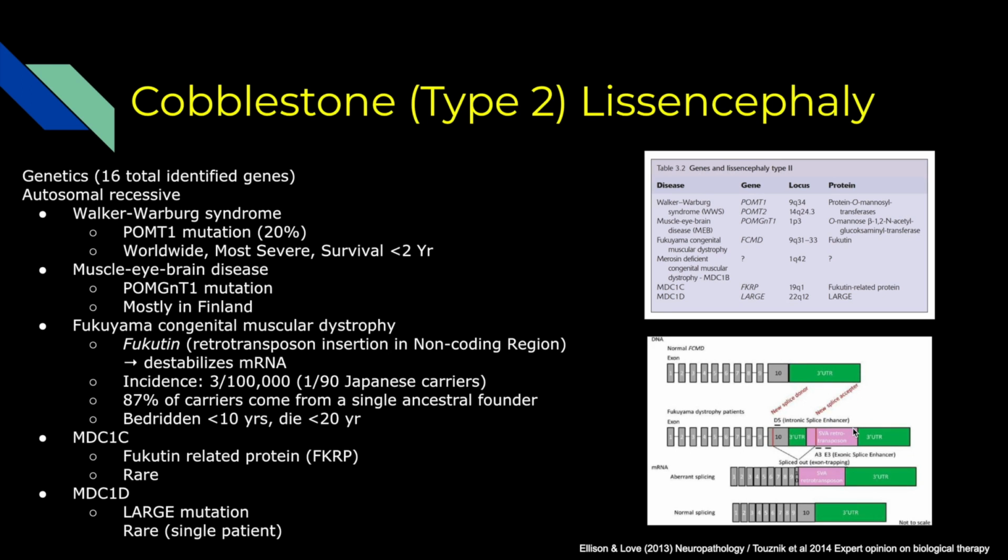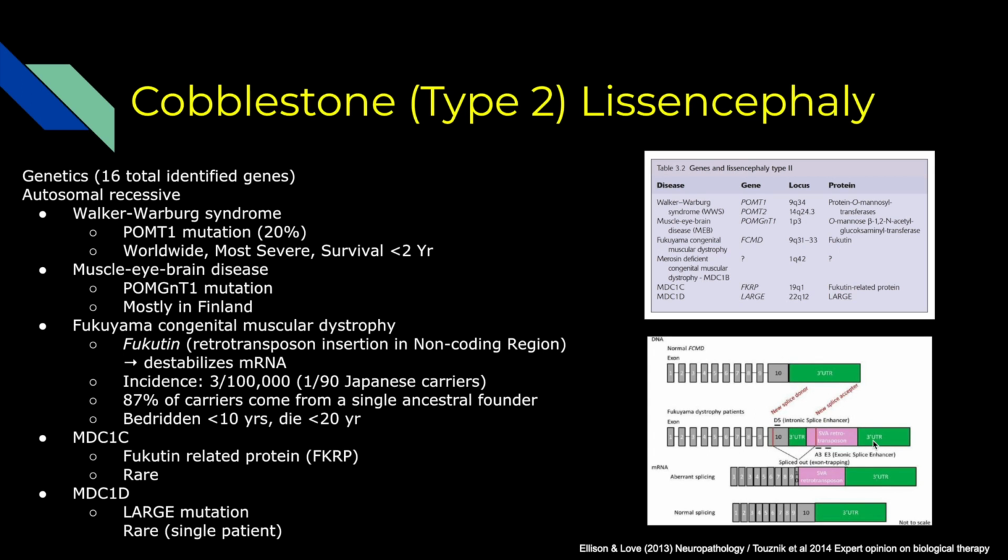And interestingly, 87% of cases in Japan appear to come from one ancestral founder. Given this unique biology, it's unlikely that this has occurred multiple times, and so it's thought that this is actually quite incredible, just how common this mechanism is in Japan.